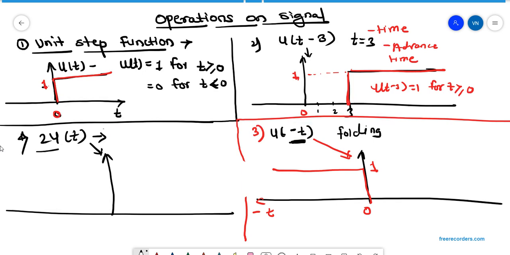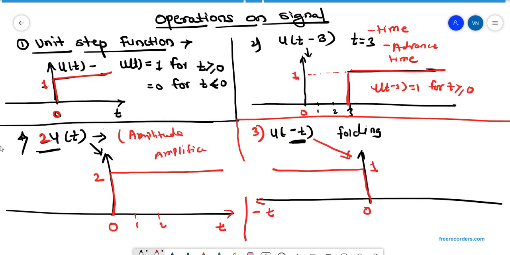Because of this operation, my amplitude will be amplified by 2. Whatever the amplitude is at every time, that amplitude will be amplified by multiplication by 2. So for each and every time I get the amplitude for that particular signal. That's why it's called amplitude amplification. Basically the amplitude is increased by 2.